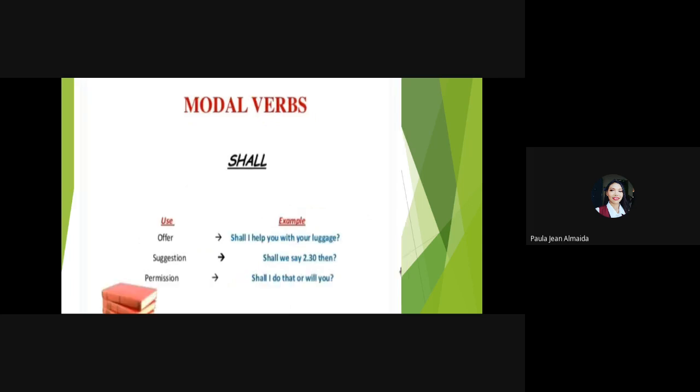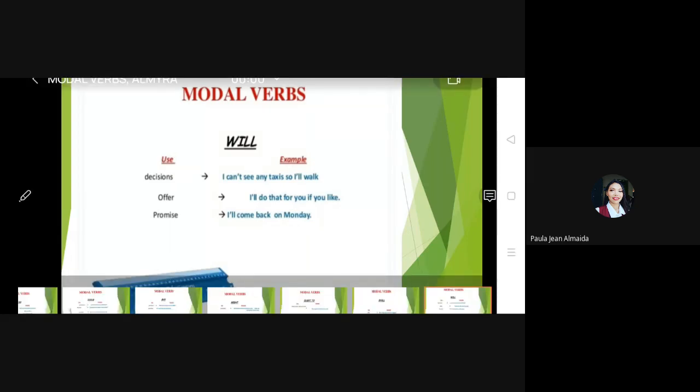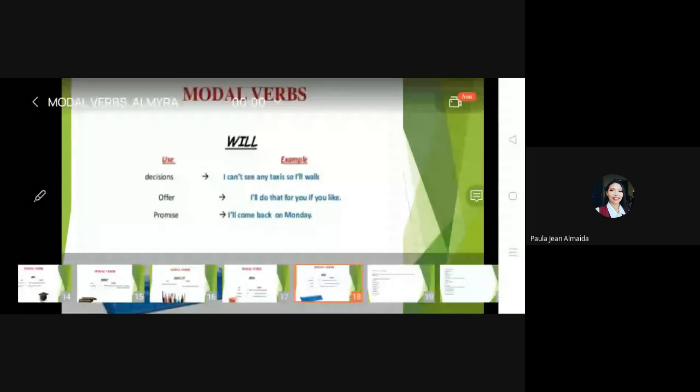The next is shall. You can use the modal verb shall to offer suggestion and permission. The next is will. You can use will in making a decision, offering, and to promise.